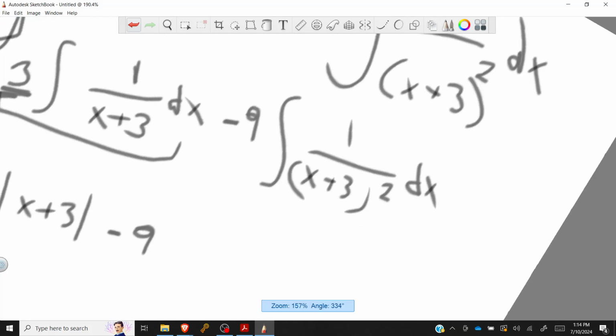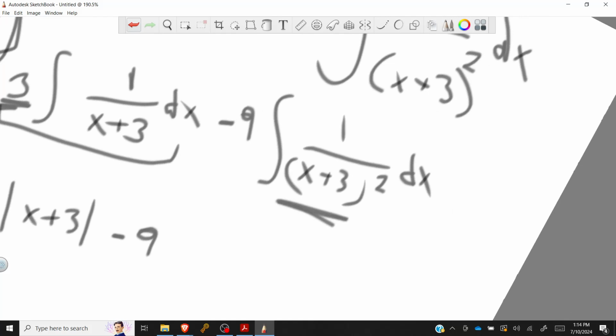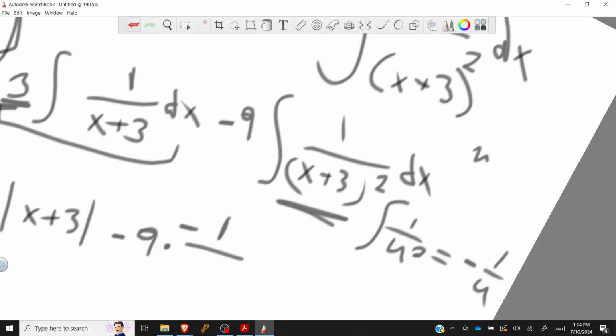For me, I don't initially know what this is going to be, so I would do a u-sub, and then it'd be 1 over u squared. And the integral of that is equal to negative 1 over u. So then this would be times negative 1 over x plus 3.